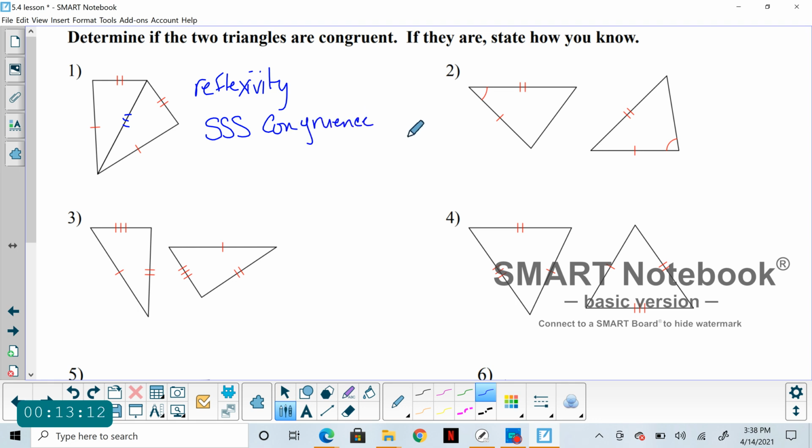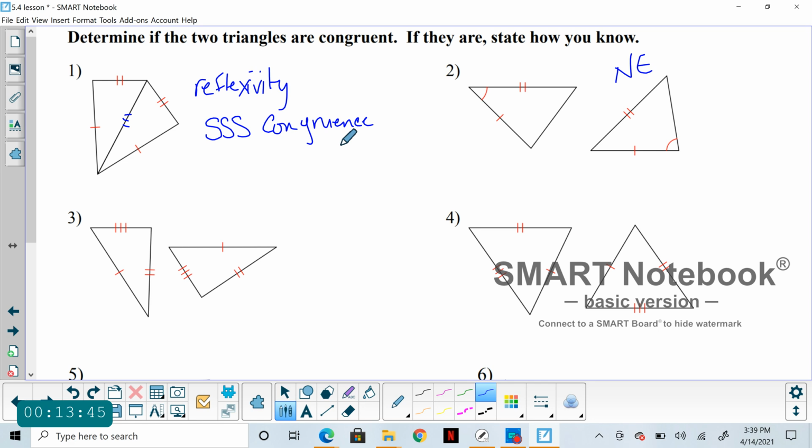How about number 2? What do you think? Hopefully you said not enough information, because we have this angle between these two sides congruent, but the angle in the other triangle is not marked as congruent. We don't actually know if it is or not. So we have not enough information to say whether it is.